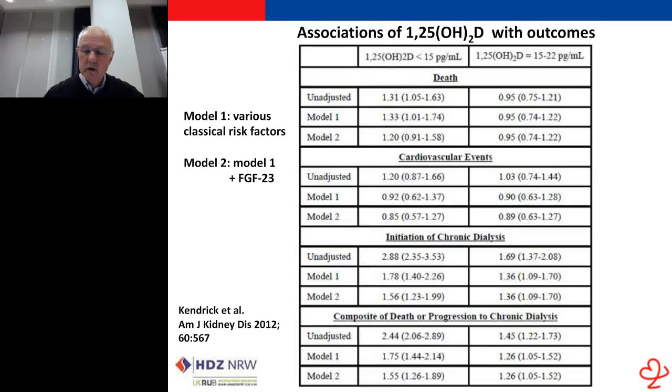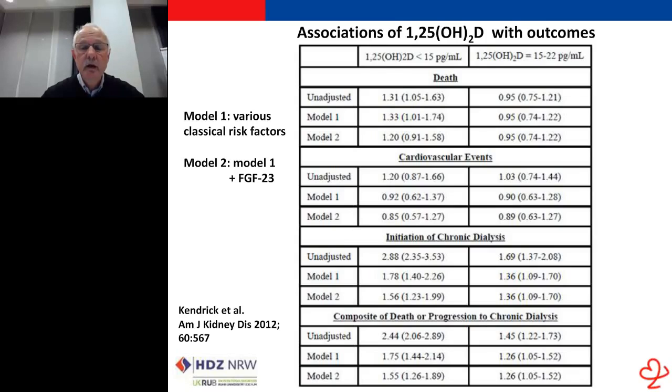And this study could also show here, if you look at those patients who have very low 1,25 dihydroxyvitamin D levels, for example, below 15 picograms per milliliter, this was associated with a higher risk of death or progression to chronic dialysis, compared to patients who had 1,25 dihydroxyvitamin D levels above 25 picograms per milliliter.